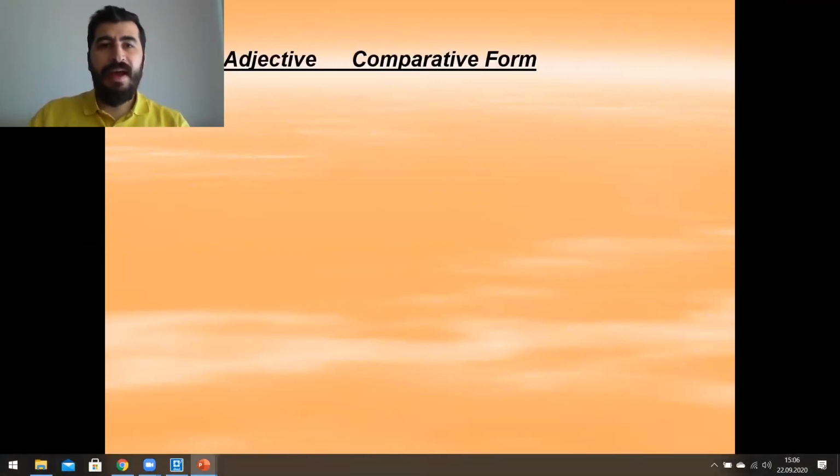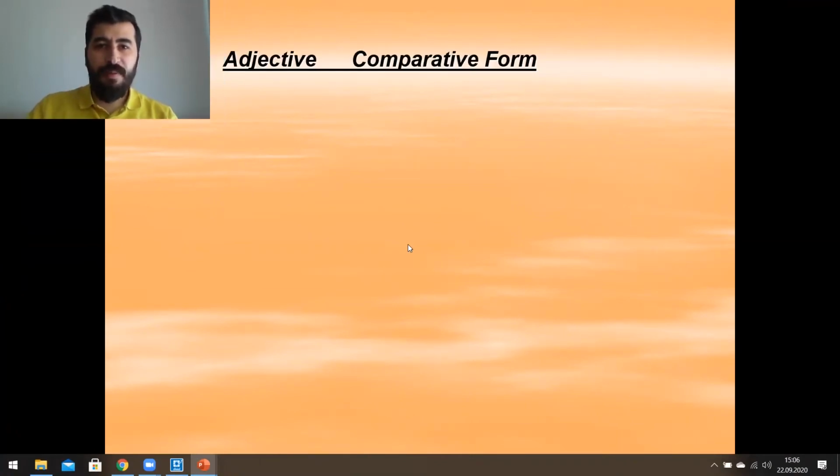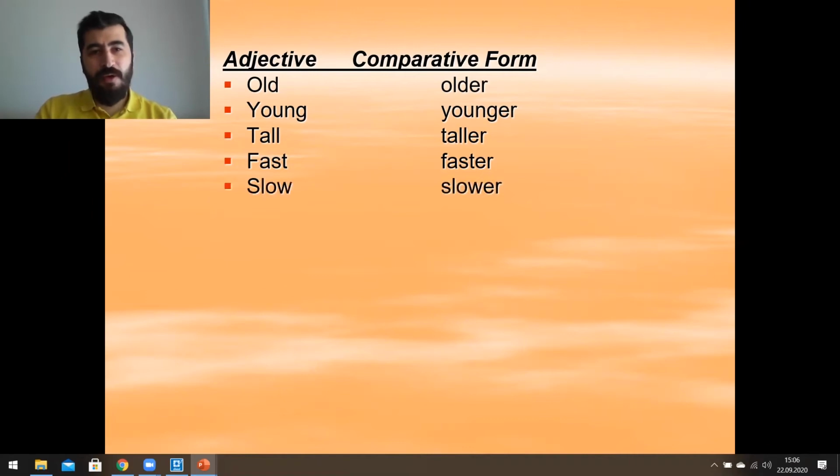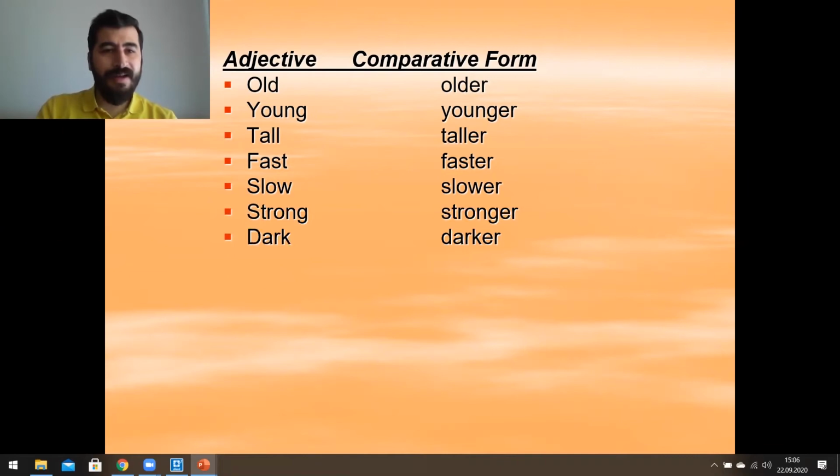Now, my friends, let's check some more exercises. We have adjectives for comparative form. Let's see. Old, we say older. Young, younger. Tall, taller. Fast, faster. Slow, slower. Strong, stronger. Dark, darker. Fat, fatter. Look at that. Fat.